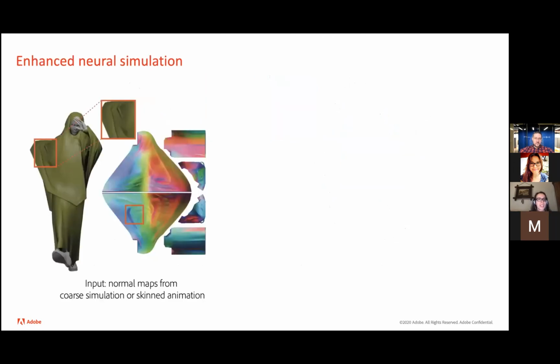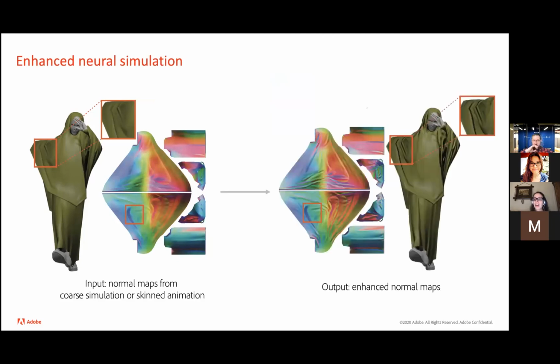So the input is a 3D garment mesh that is, as I said, obtained either by some coarse simulation or just skinning based animation. And then we operate on the corresponding normal maps. So the actual input for us is the normal map obtained from this coarse simulation, and we want to enhance this normal map by adding some plausible details on top of it.